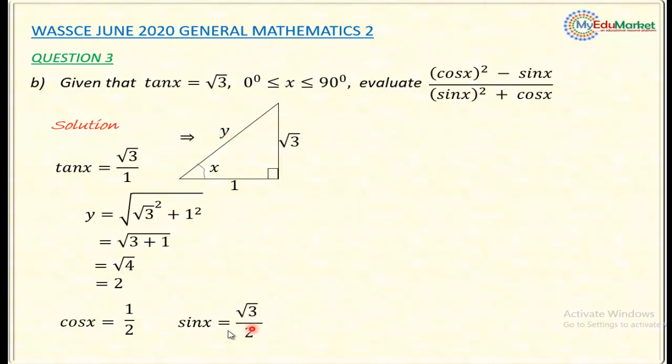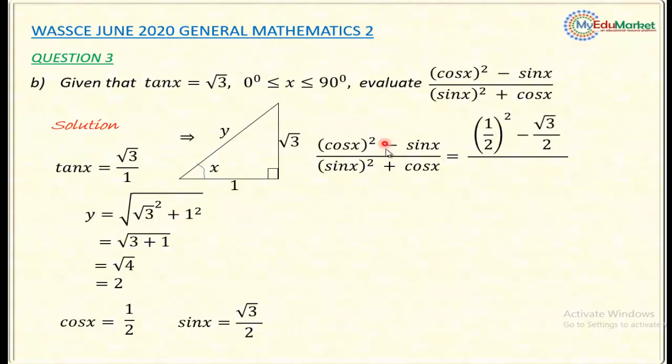So I can now substitute cos and sin in here. Cos² x minus sin x all over sin² x plus cos x is what I'm trying to substitute. Cos x alone is 1 over 2, but squared, so I have (1 over 2) whole squared.